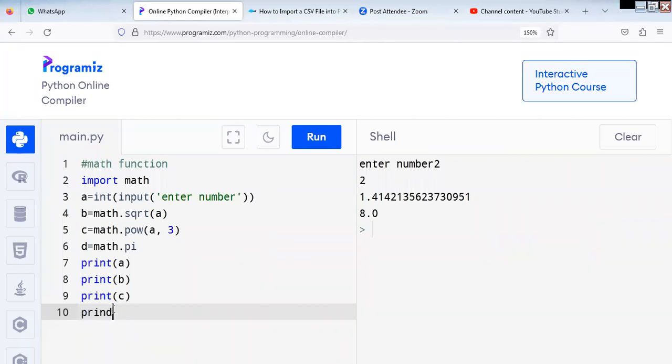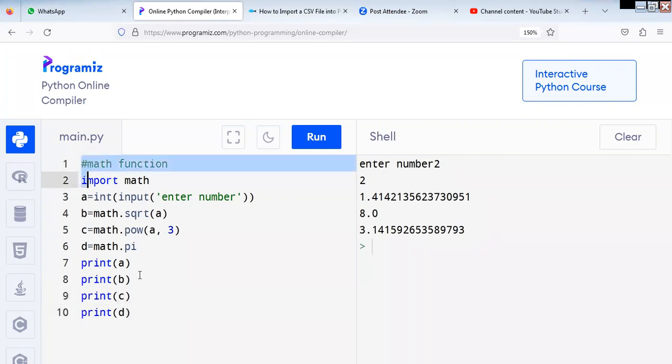D is what? D is pi. Okay. You can see now, pi is 3.14159. So I will paste this program for you.